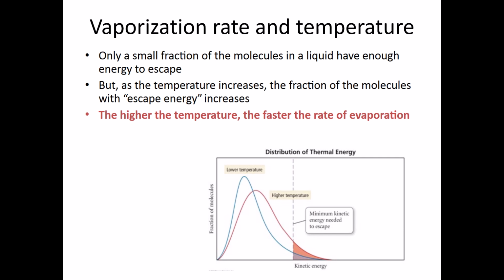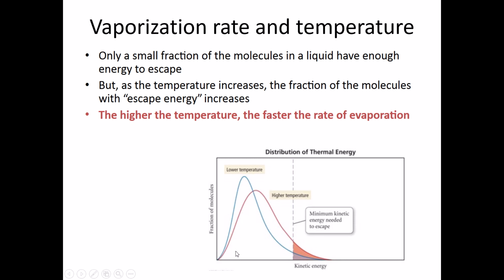Now, vaporization rate is dependent upon temperature. As we increase the temperature, we loosen up the intermolecular forces, and it increases the rate of evaporation. Alright, so if we look at the diagram down here, we have fraction of molecules along the Y and kinetic energy along the X. So what this is showing is that for a given temperature, if we look at the blue line first, we have a certain amount of molecules that have very little kinetic energy down this end.